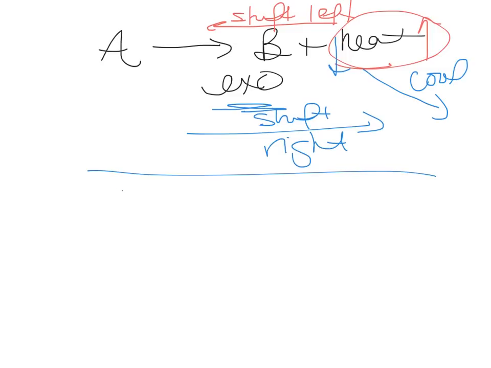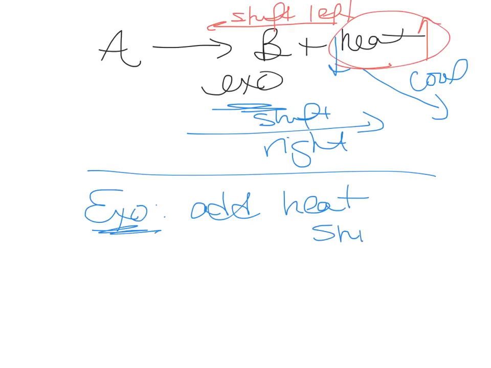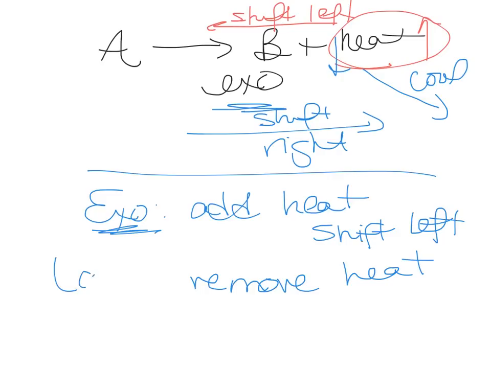So, summary for exothermic reactions. If I add heat to an exothermic reaction, it's going to shift left. If I remove heat for an exothermic reaction, if I cool it, it's going to shift right.